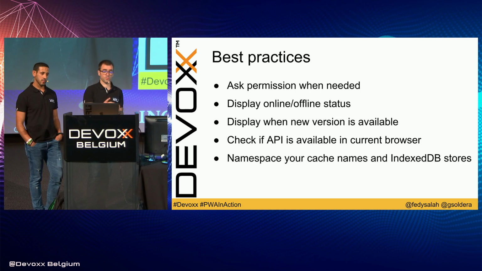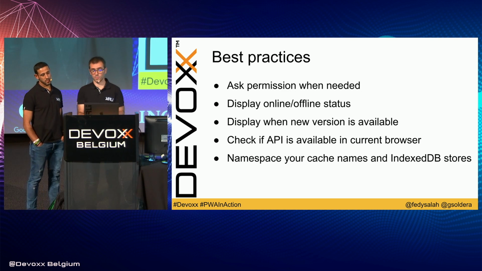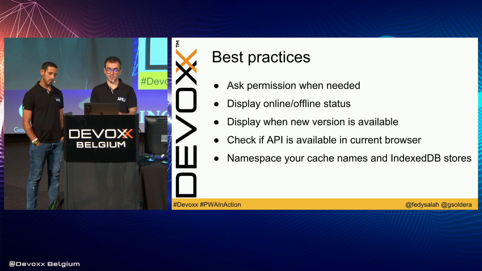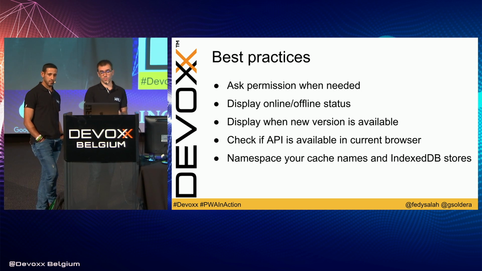Display too when a new version of your application is available. Fourth, check if an API is available in the current browser. Implementations are different between browsers, so it's important to do that. Last point, namespace your cache names and stores. It's very useful when you must clean your cache.